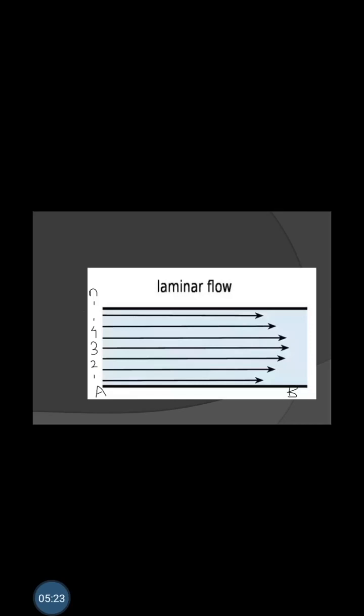These layers are numbered 1, 2, 3, 4, up to n. There are n layers in this flow. Flow of liquid from left to right on a horizontal surface AB.